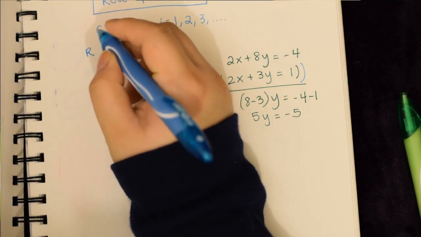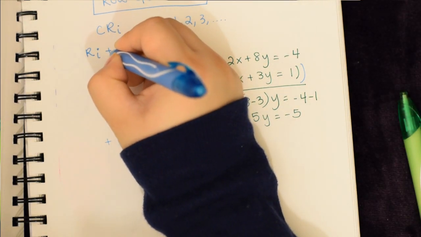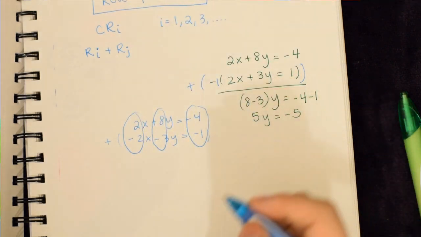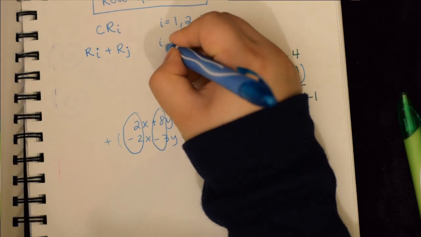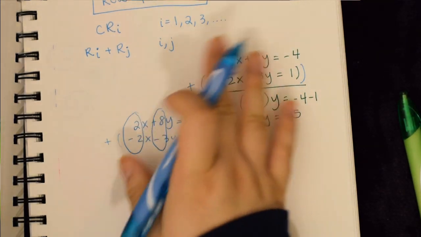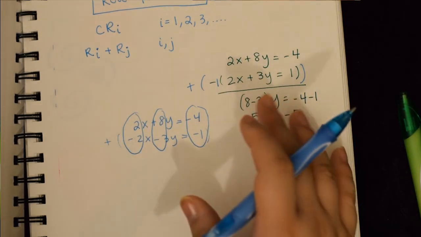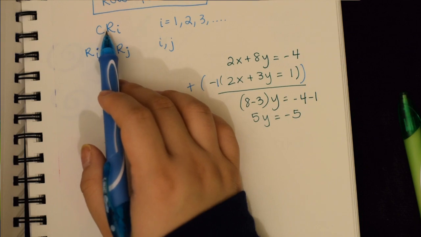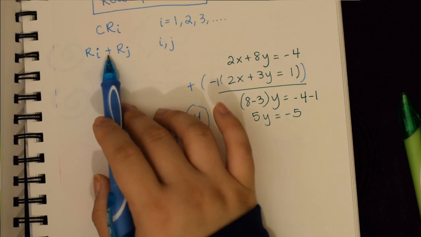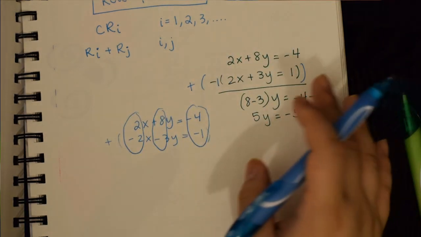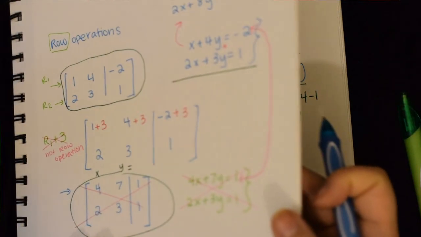So we can do row i, whatever, row 1 or row 2, plus row j, right? Where i and j are just our normal row indices. I'm just trying to generalize. So you could do a constant times row 10 all the way across, and then row 3 plus row 7, as long as you're doing it to every single term and lining it up.